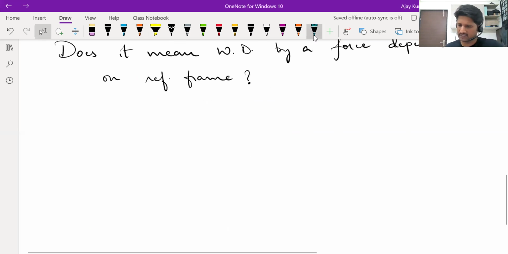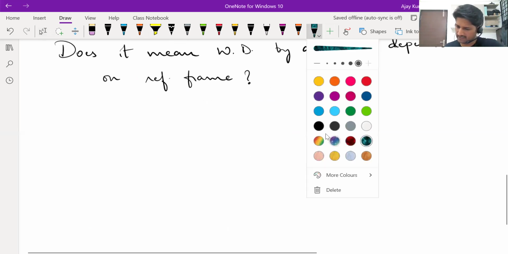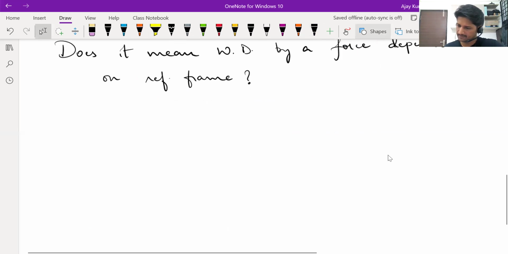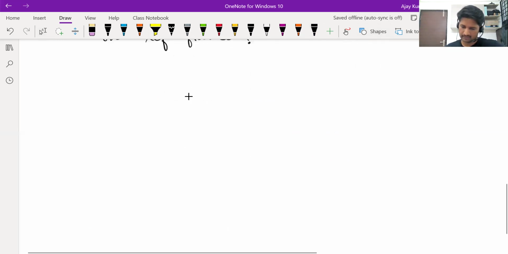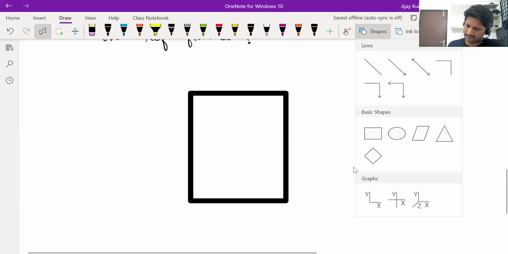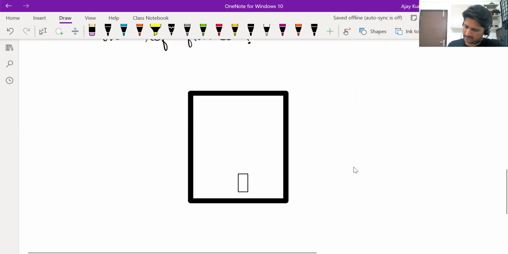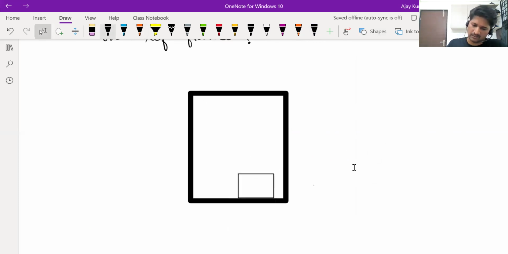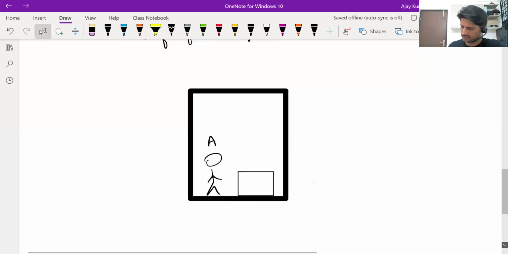Let's consider that elevator case itself. I'll just draw a rough diagram. Let's say there's a box inside an elevator, on the floor of the elevator. And assume there is one person here, call this person A, inside the elevator along with the box.